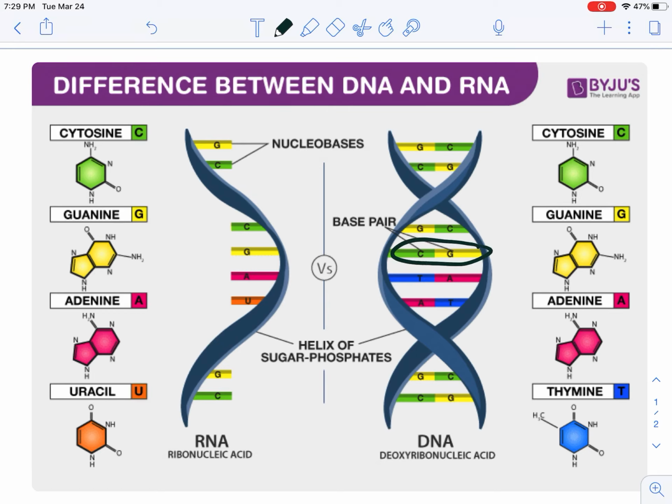The C represents cytosine, the G represents guanine, and they are always paired together. Anywhere where there's cytosine and guanine on this strand, they are paired together. You might have cytosine on the left or on the right. The other side, the strand that it is attached to, will have the opposite on the other side. And then you have the same phenomenon with thymine and adenine, in that they are paired.